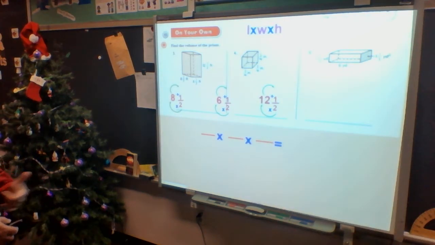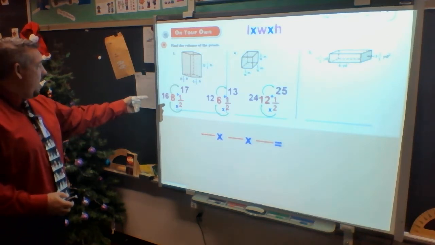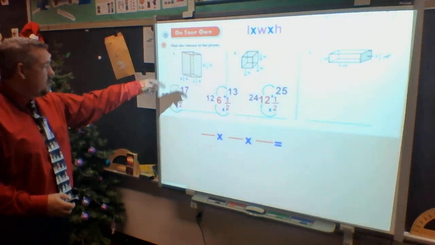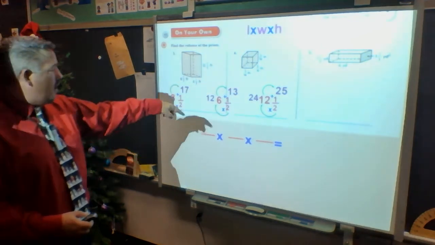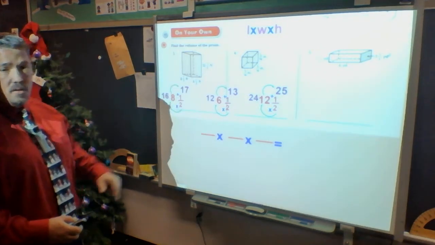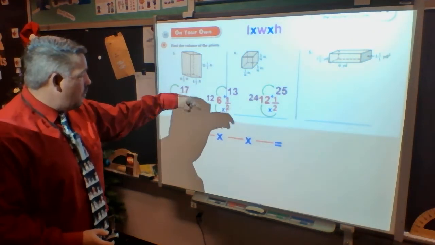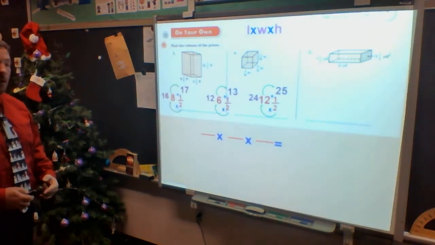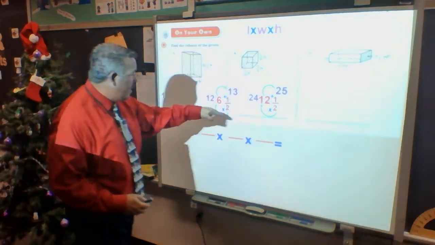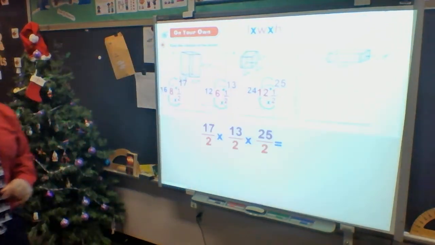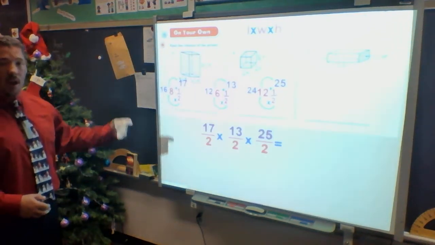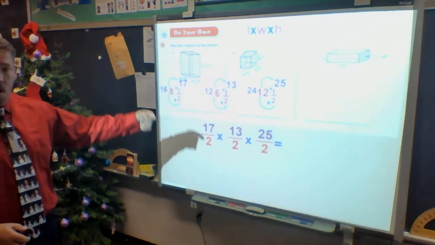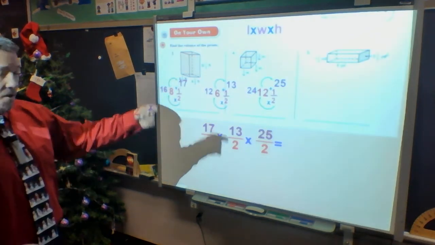So when I do that to all 3 of them, I'm going to get 2 times 8 is 16 plus 1 is 17. 2 times 6 is 12 plus 1 is 13. 2 times 12 is 24 plus 1 is 25. Those are going to be my 3 numerators, and my denominators stay the same, and they're all 2. So I get 17 halves times 13 halves times 25 halves.